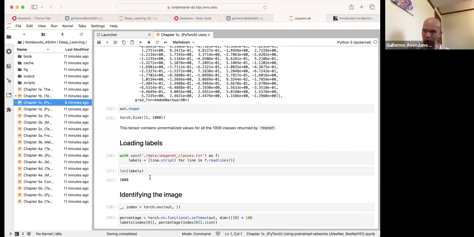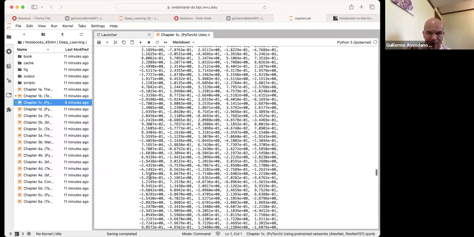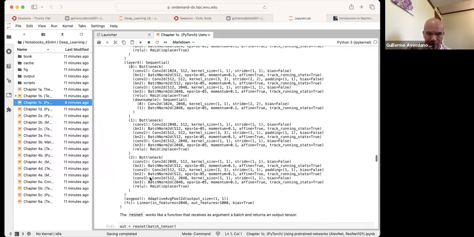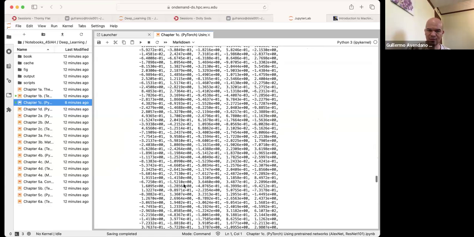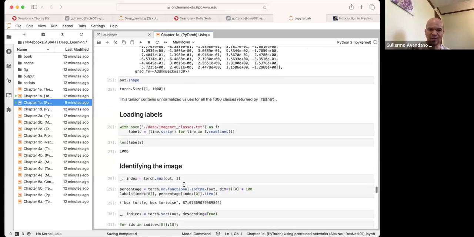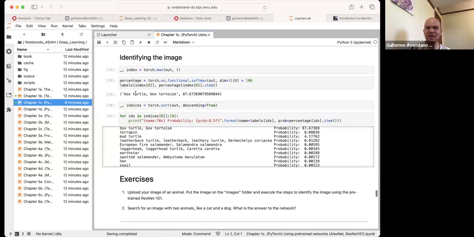The sum of those 100 numbers is 1, because it's a probability. I think at the end we see. Yes, they have the way to convert that into a probability. And here is what I identify in the image.